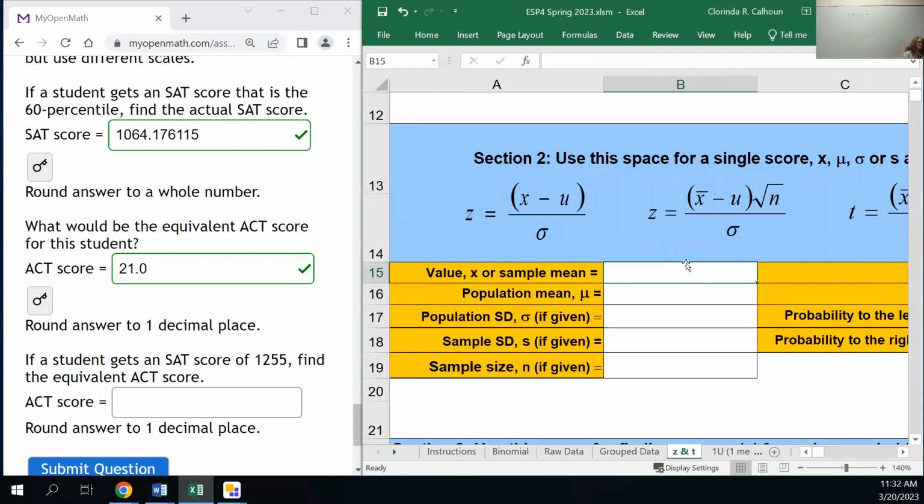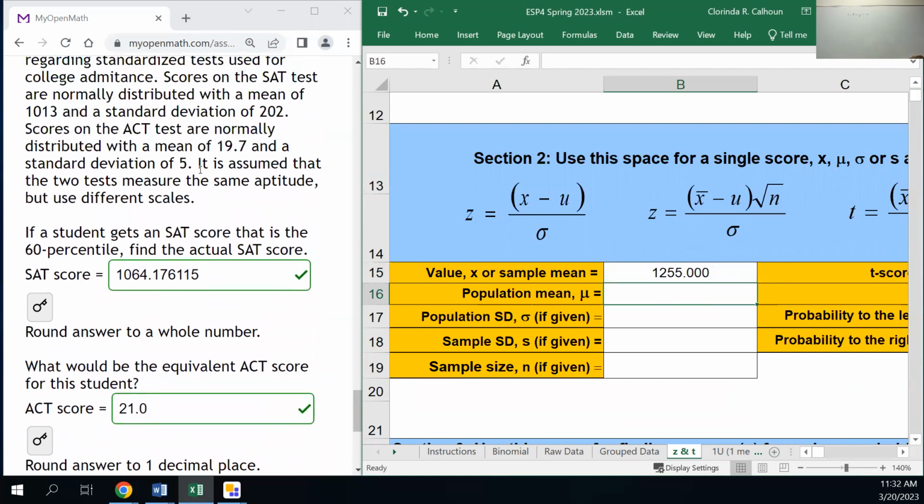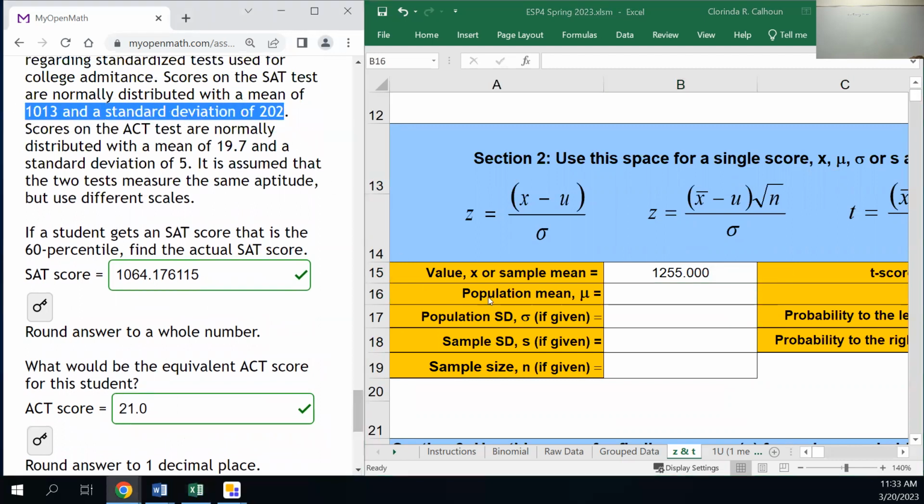Since you are given a value, that's how I know to go to section 2. See my SAT score of 1255? That is a value. So you were given a value this time. So we're going to section 2, and you're going to use that value along with your SAT numbers.